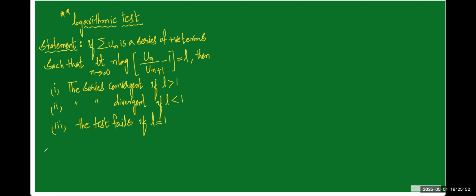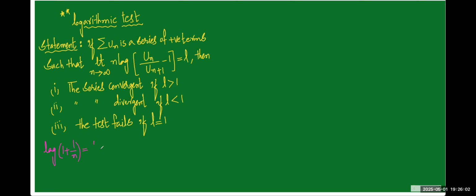Already it is the log x expansion, but I want to write it. Log of 1 plus 1 by n formula is, first of all, 1 by n minus 1 by 2n square plus 1 by 3n to the power of 3 minus 1 by 4n to the power of 4 and so on.